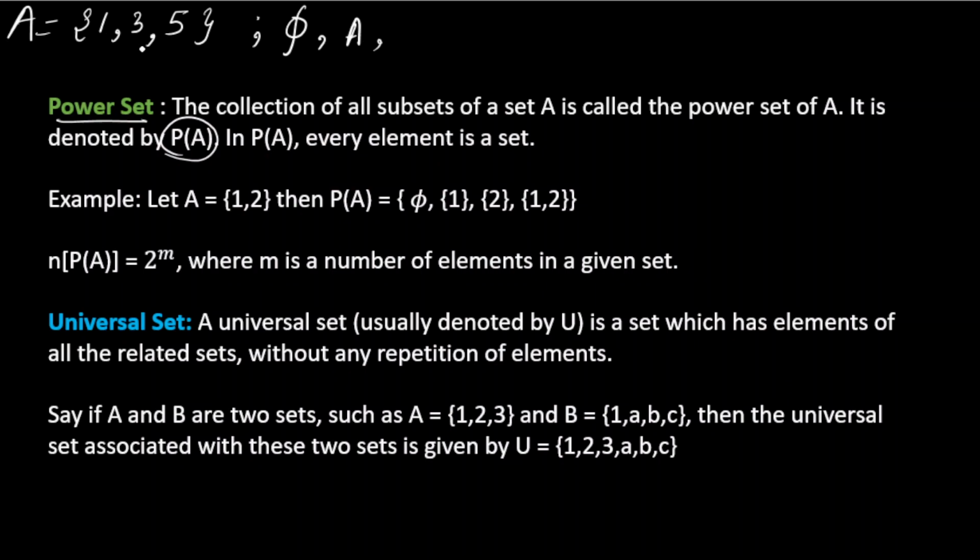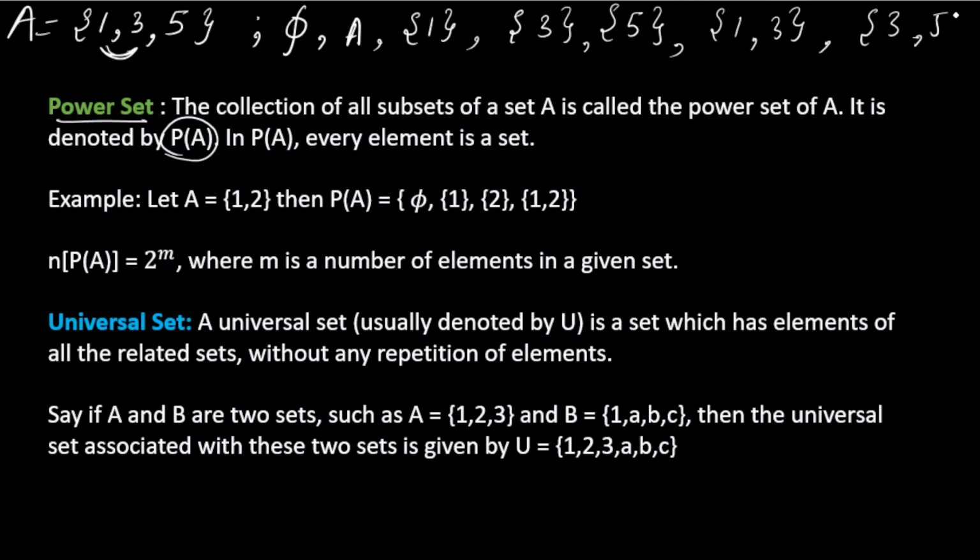Now for the remaining, 1, 3, 5 individually we can write as singleton sets: {1}, then {3}, and then {5}. And then they can be written together two at a time also, like {1, 3}, {3, 5} and {1, 5}. That's it, because {1, 3, 5} is A itself, which I have taken as well. So here these are all the subsets.